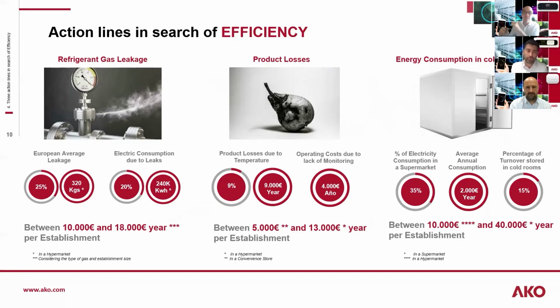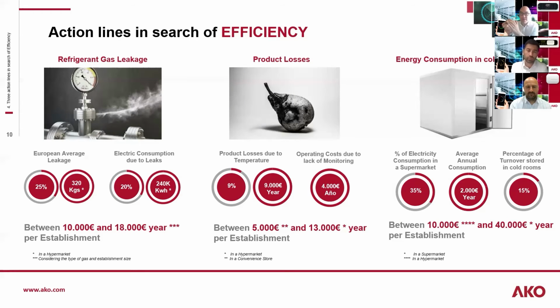And this 25% means we are also talking about a 20% increase in the electrical consumption. Depending on which type of establishment, in a hypermarket, for instance, we can have around 10,000 to 18,000 euros per year just in the cost of the gas leakage, which is quite a lot of money.